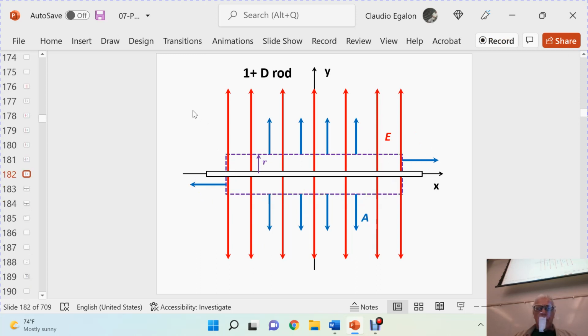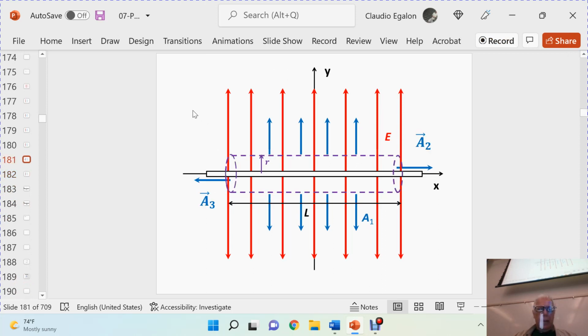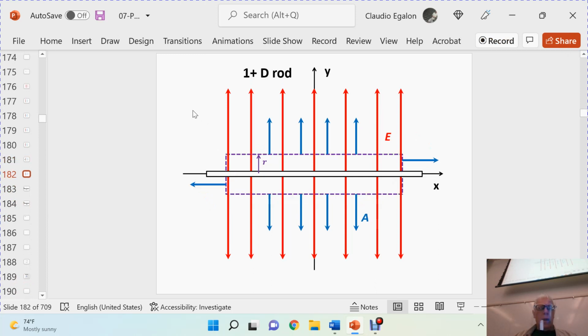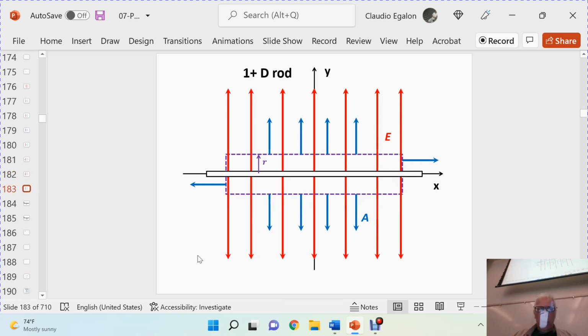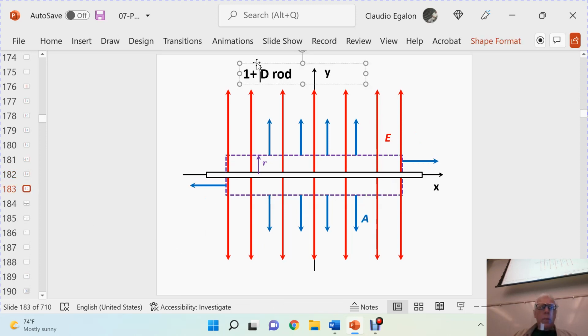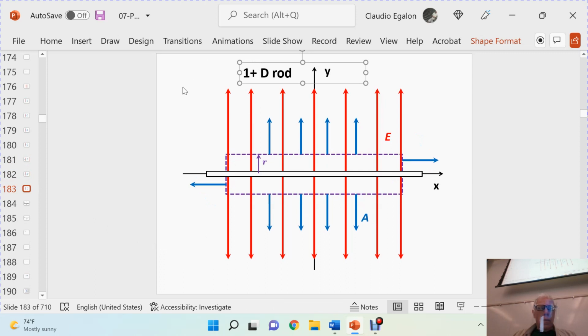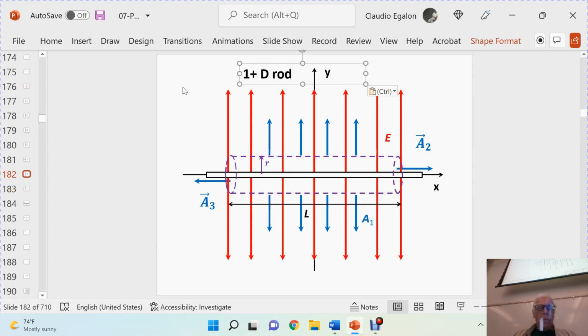Now, what else do we need? That's the 1D rod. The only thing I added here was the 1D rod.